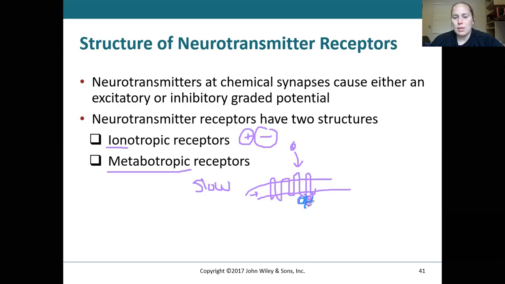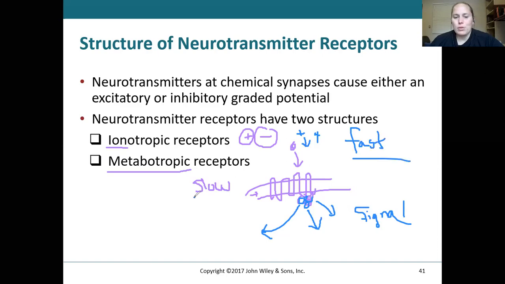We'll talk about this more. These G proteins go off into the cell and send signals. They activate signals in the cell, so this is much more signaling cascade-y. Up here, it's far more just ions go in and a change happens, ions go out and a change happens. So ionotropic receptors are generally considered the fast receptors, and metabotropic are the slow ones.